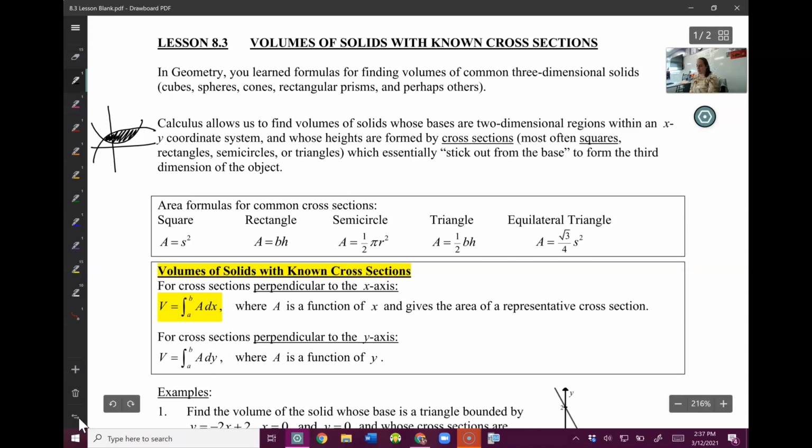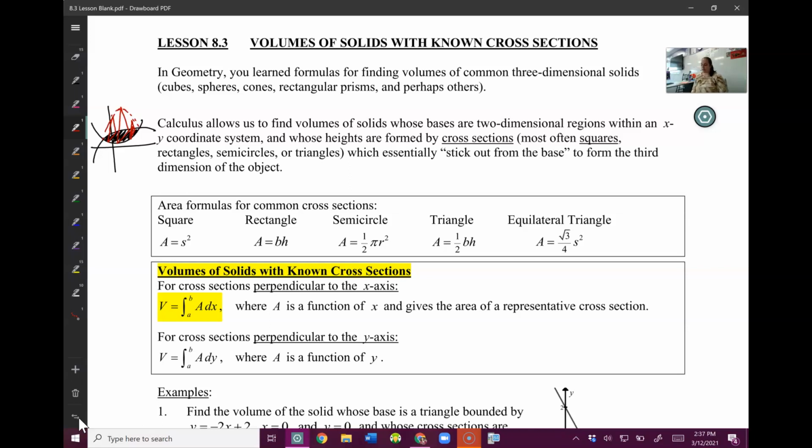So this is the base of the object, and then whose heights are formed by cross sections that stick out from the base. So, for example, triangles. And you get this like 3D shape going here.